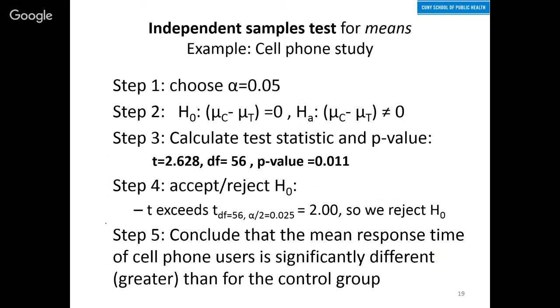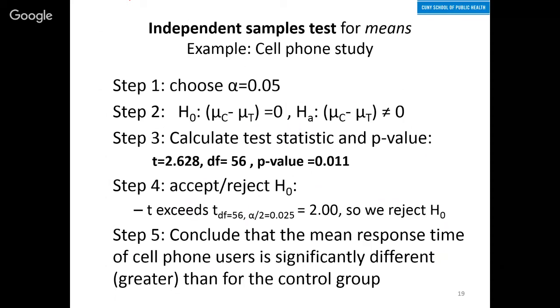I feel like it should be DF equals 58 here. I'm not sure why I wrote 56 there, but since there were 30 in each group, the number of degrees of freedom, 30 plus 30 minus 2, is 58. I'll double check that. Either way, this is going to have very little difference on this p-value of 0.011. Either way, we're going to reject the null hypothesis.